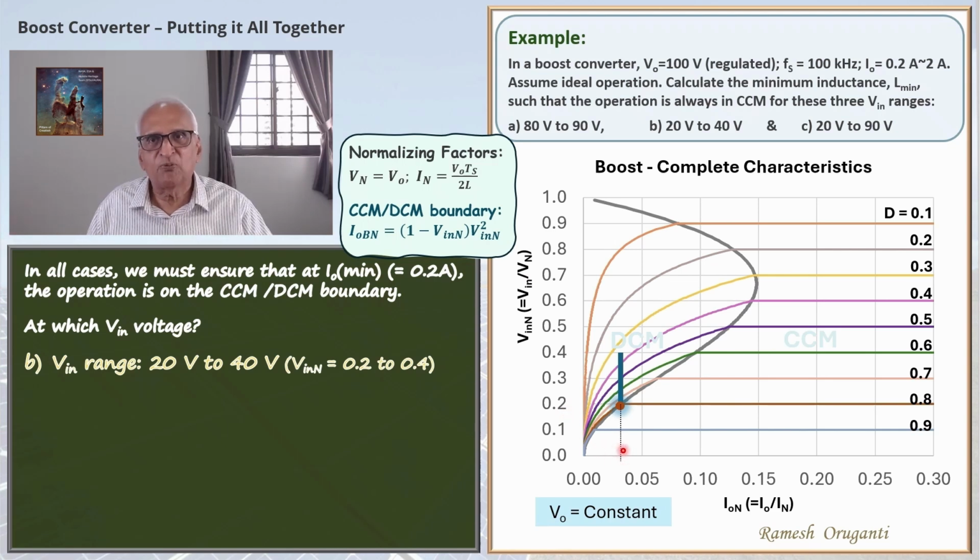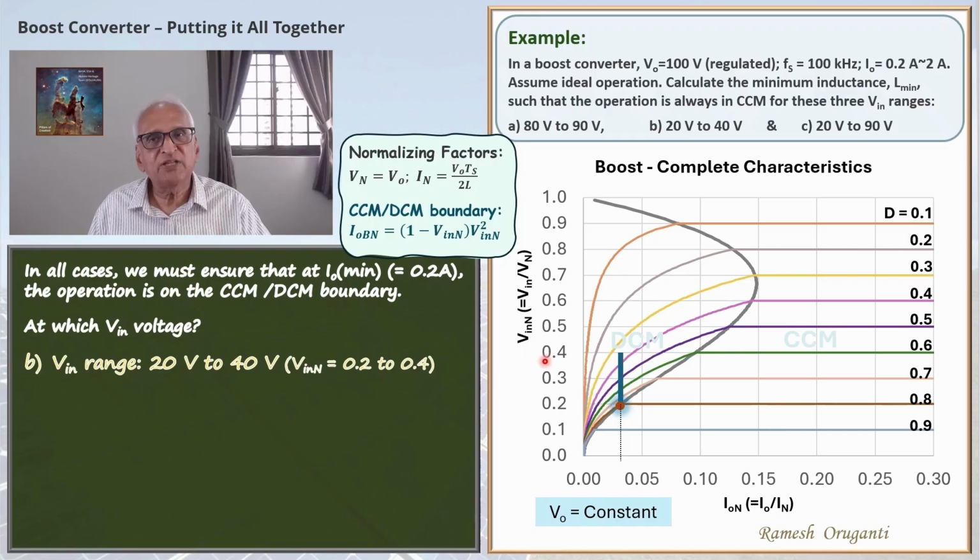Choose the inductor appropriately. Now, as you can see, if the input voltage goes up from 20 volts, it can go up to 40 volts, the operation goes into DCM operation. So this is not the right choice. Next, we will keep the operation at the boundary when VinN equal to 0.4.